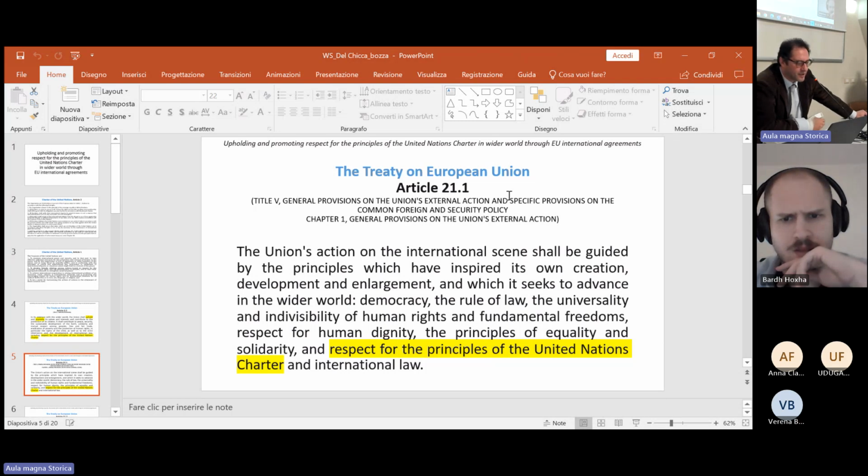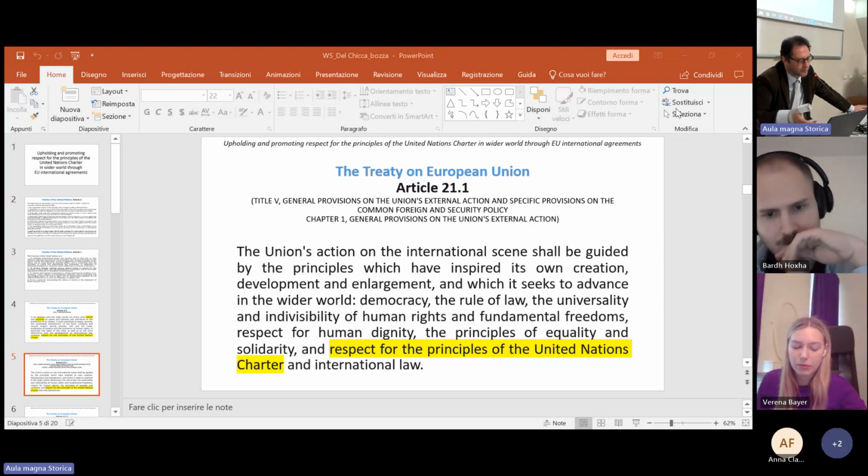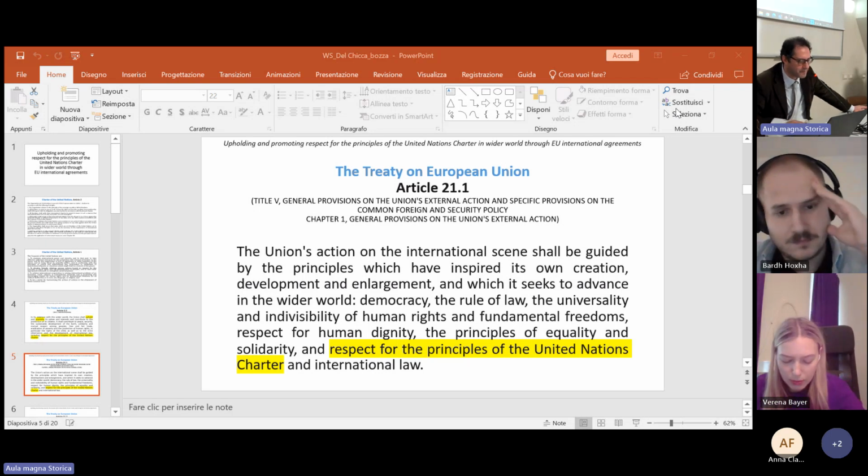So it's another article about our lecture, and it's Article 21.1 of the Treaty on European Union, and it provides that the Union's action on the international scene should be guided by the principles which inspired its own creation, development and enlargement, and which it seeks to advance in the wider world: democracy, the rule of law, the universality and indivisibility of human rights and fundamental freedoms, respect for human dignity, the principle of equality and solidarity, and respect, once again, for the principles of the United Nations Charter and international law. As I told you before, there are principles of international law which are proposed by the principles of the United Nations Charter and other ones. Okay.